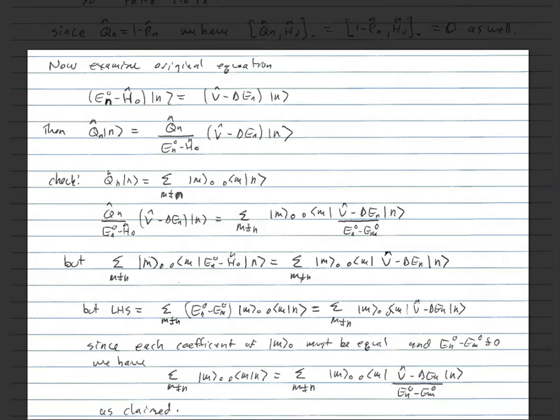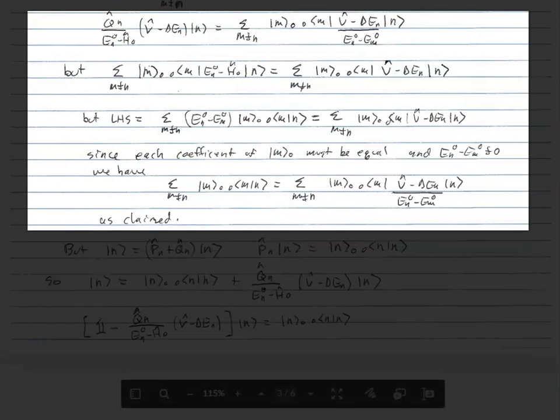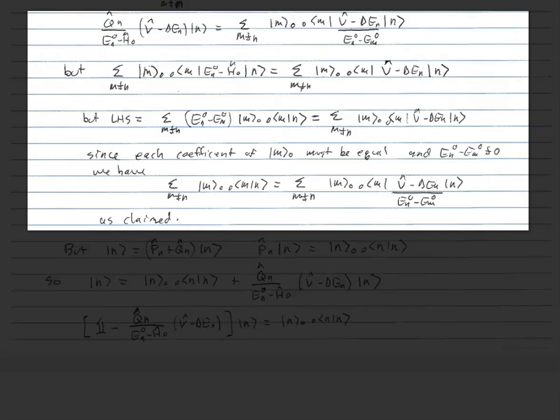Now, because each coefficient of the m sub 0 must be equal on both sides of that summation, or if you like, we can just multiply by a bra that has a particular value of m. And because En0 minus Em0 is never equal to 0, what we find is that the summation over m not equal to n of m sub 0, 0 sub m n is equal to the summation over m not equal to n of m sub 0, 0 sub m V hat minus delta En times the state n divided by En0 minus Em0.